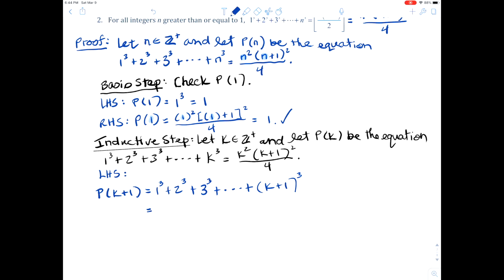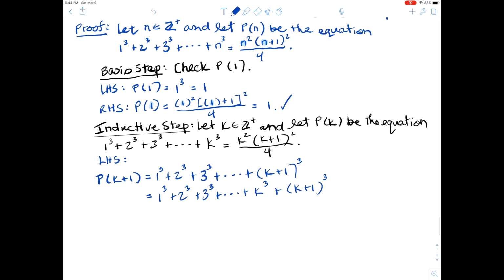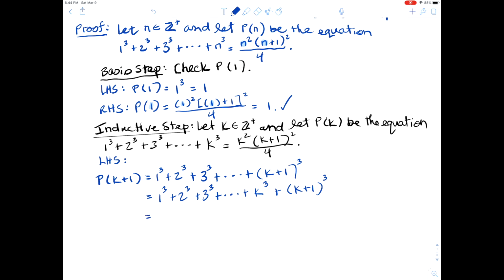And this is equal to 1 cubed plus 2 cubed plus 3 cubed plus dot dot dot plus, beautiful, k cubed plus (k plus 1), the quantity cubed. But then we'll have P at k, won't we, for part of that.